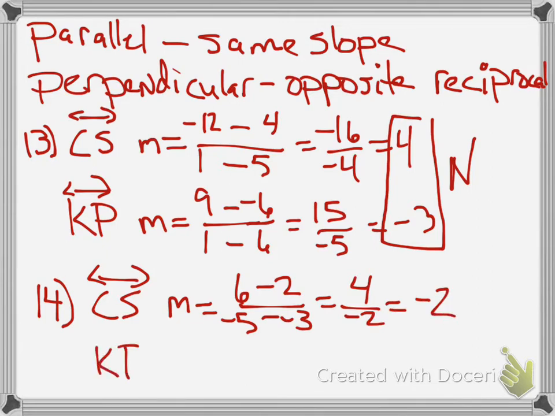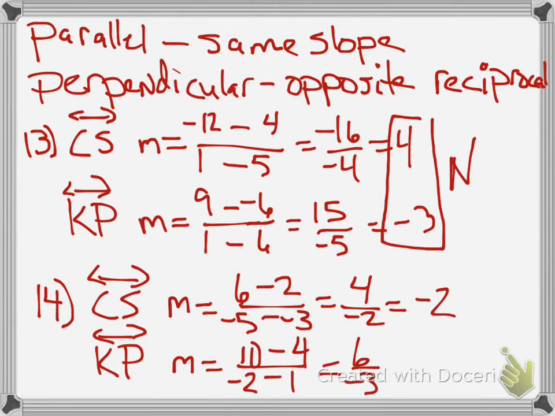And then for KP, the next slope here, I've got 10 minus 4, and then negative 2 minus 1. That gives me 6 over negative 3, which is also negative 2. So now you can see these two are the same. So since they are the same, they are parallel.